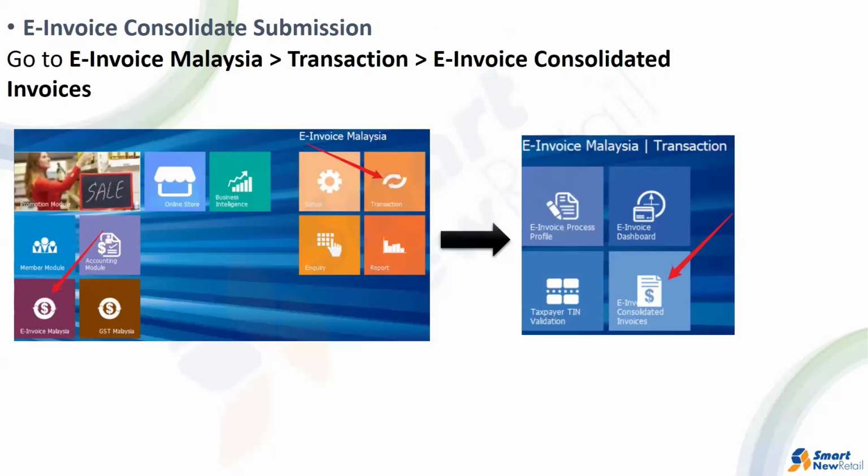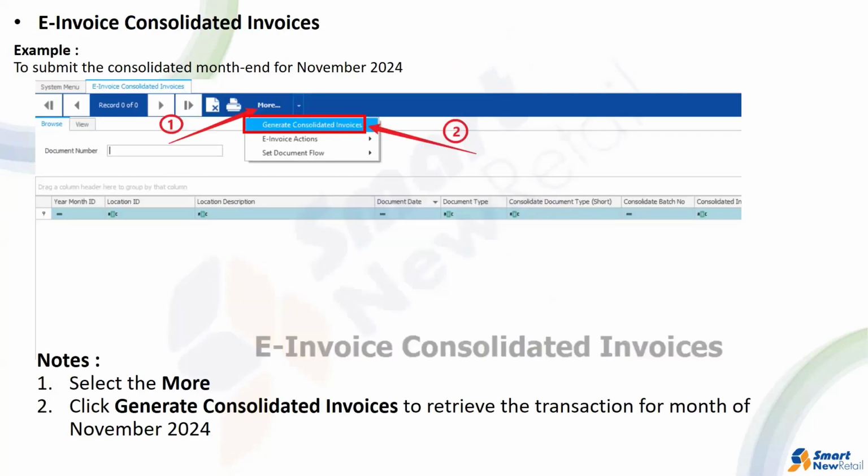So how do we do the consolidation? We go to e-invoice Malaysia, transaction, and then e-invoice consolidated invoice. For example, now we want to do for November. We click on more, and then we click generate consolidated invoices.